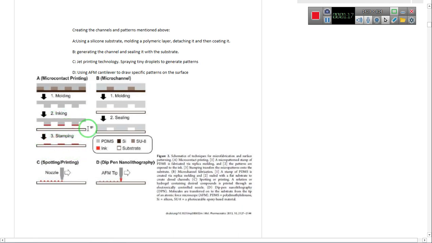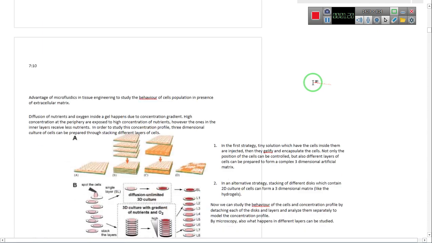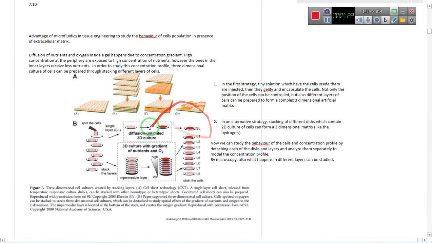Well, now let's talk about this slide, which is really important, and it is about measuring the diffusion behavior for different cells. You know that diffusion happens due to the difference in concentration.